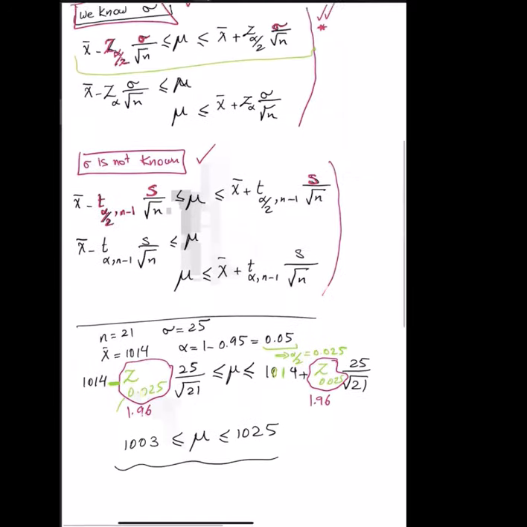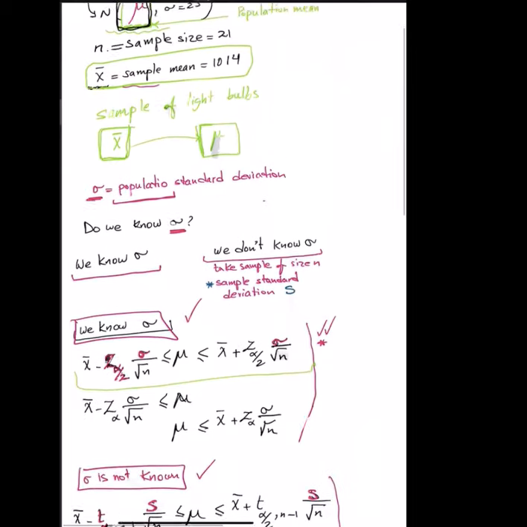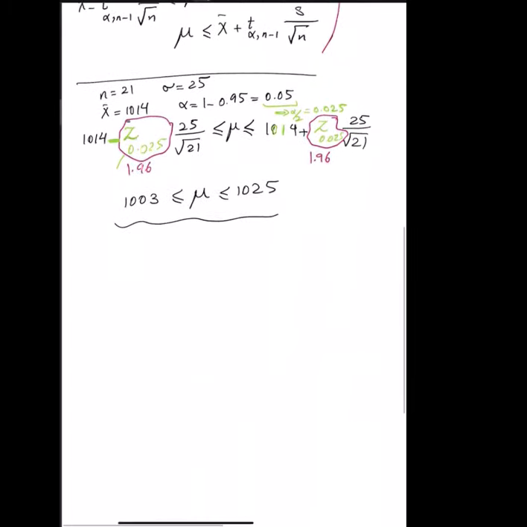Now, let me see, do I have a hypothesis test here? No. Let's assume, this is not in the question, I'm just making this up, that I was testing a hypothesis: that the average of these light bulbs is actually 1020 hours.